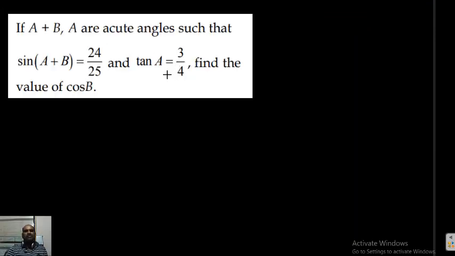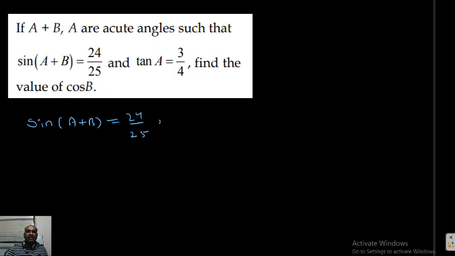Another interesting question. a plus b and a are acute angles such that sin of a plus b is 24/25 and tan a equal to 3/4, then find cos b. Okay students, listen. Sin of a plus b equal to 24/25.